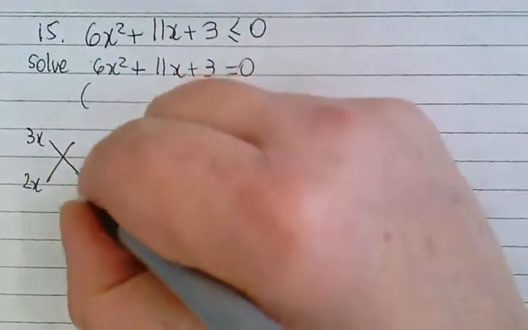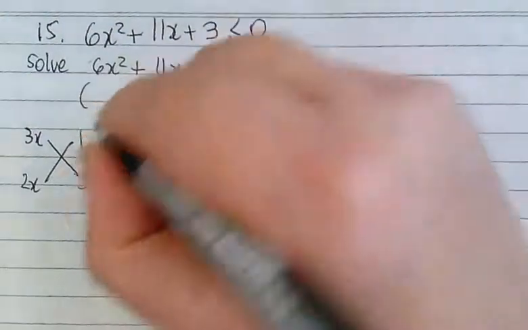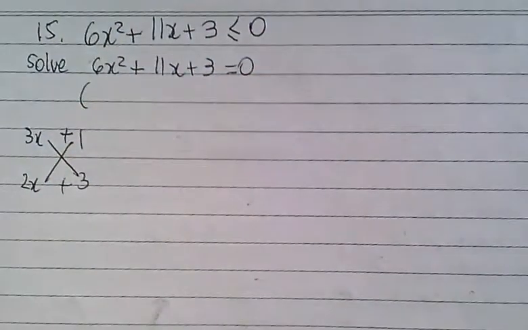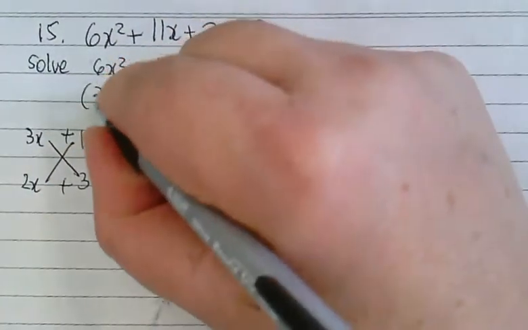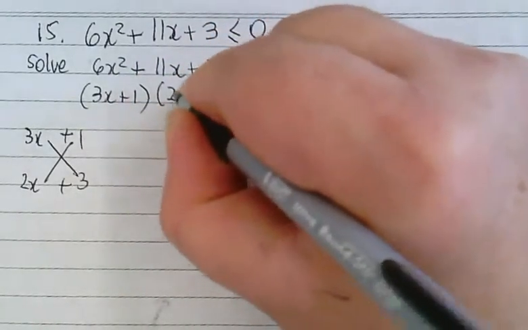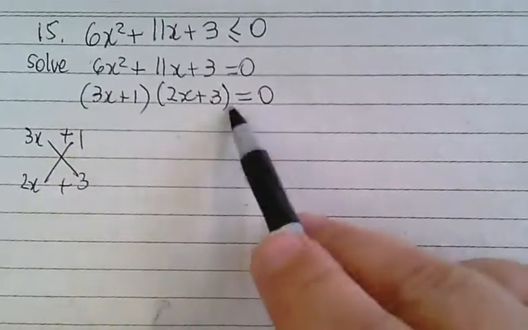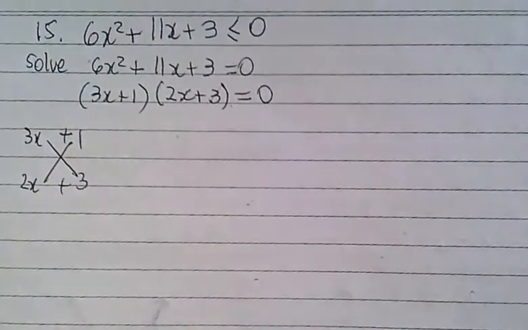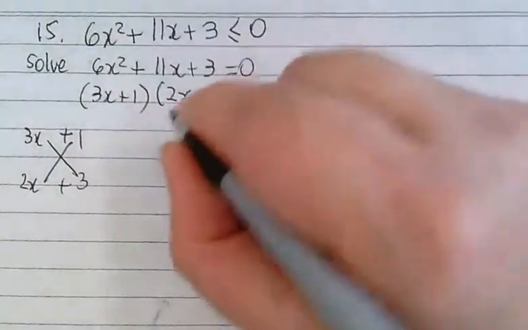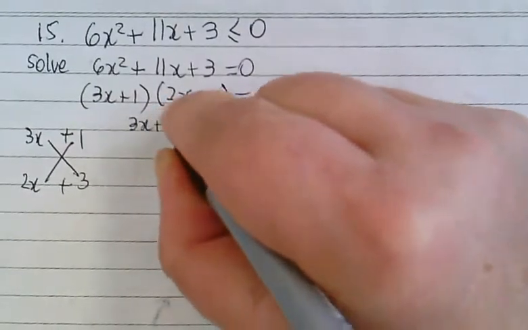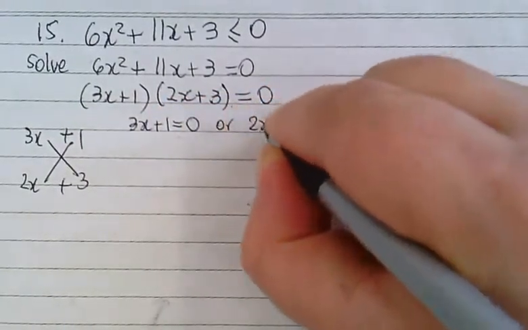And I'd say it's going to be 3 and 1, like that. Or 1 and 3. Yes? So of course, we check it. 3x plus 1, 2x plus 3 equals 0. Checking. 6x squared plus 9x plus 2x plus 3. Yep, that's great. Okay, so therefore, I can write this equals 0, or 2x plus 3 is 0.